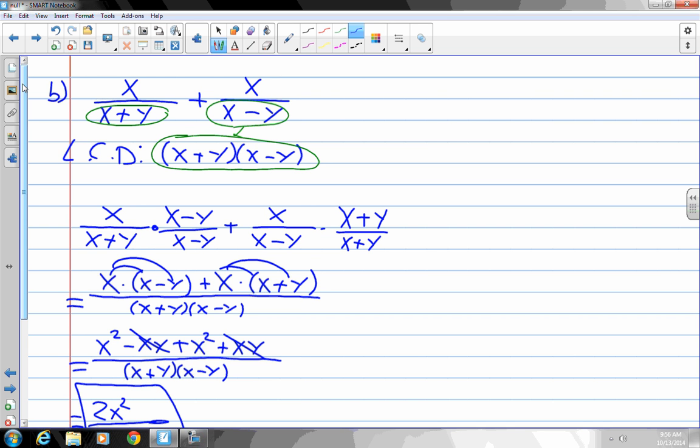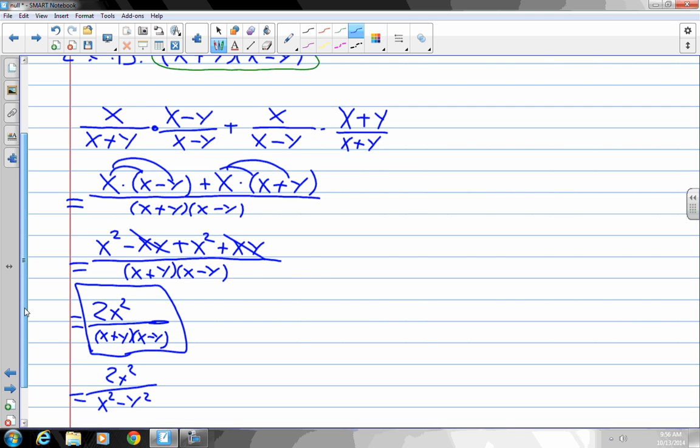Like having a 9 and a 5, I need both. Then we multiply each fraction by what was missing in comparison to the LCD. You have x plus y, you're missing x minus y, so multiply by x minus y. You have x minus y, you're missing x plus y, so multiply by x plus y. So now the denominator is the same, you write out the numerator, open up parentheses, combine like terms, try to reduce, and you are done. Is that right?